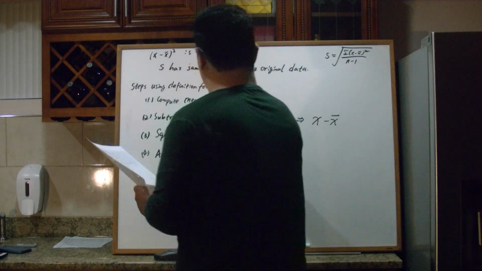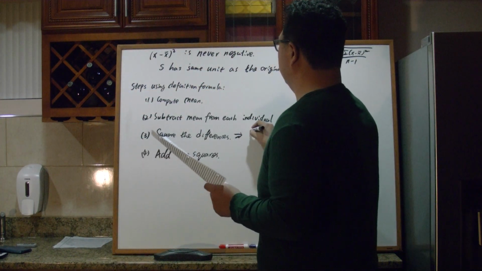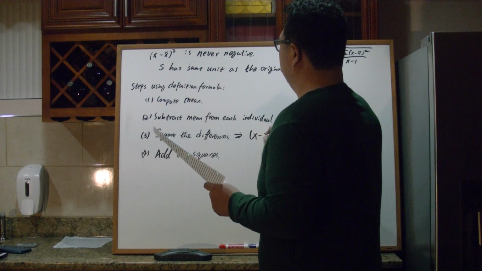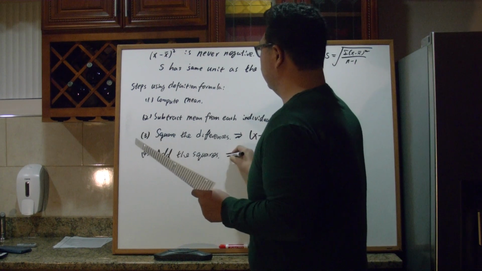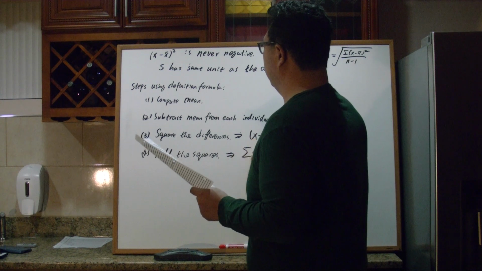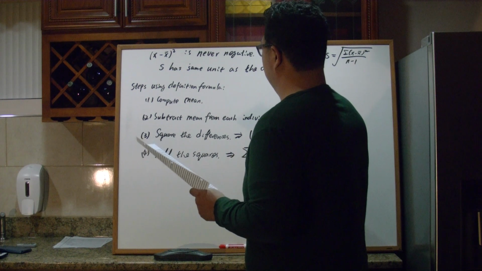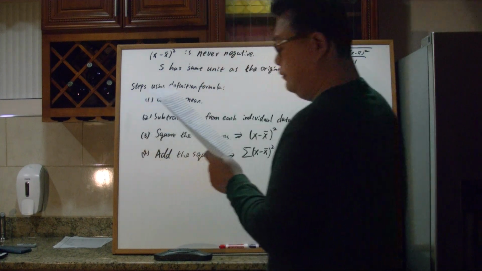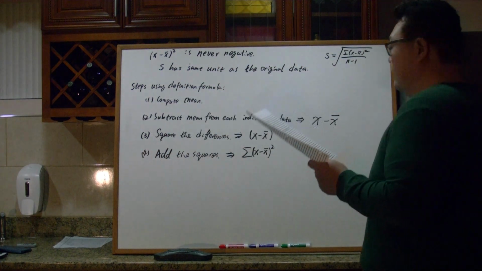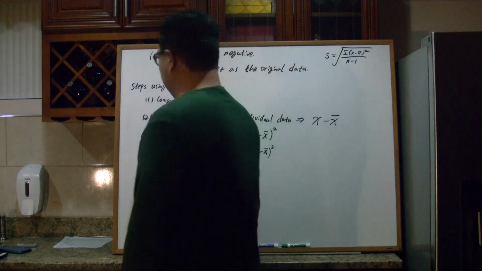When we square the difference, for each one we square it, then add the squares together, and we get the sum of x minus x bar squared. Then divide the result by n minus 1.